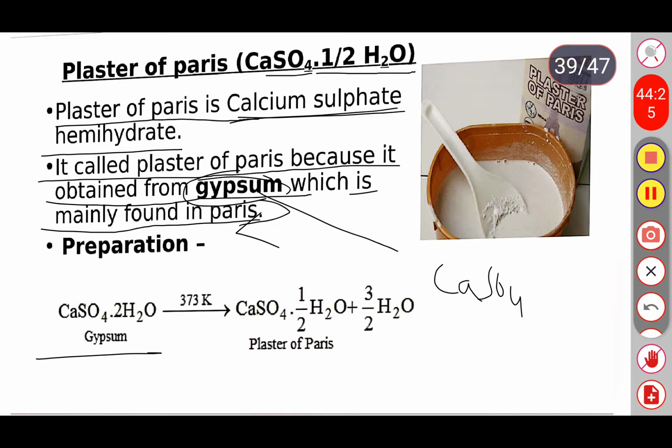When we heat gypsum carefully at a temperature of 373 Kelvin, it is converted into plaster of Paris, and the chemical formula of plaster of Paris is CaSO4 1/2 H2O, half a molecule of water.